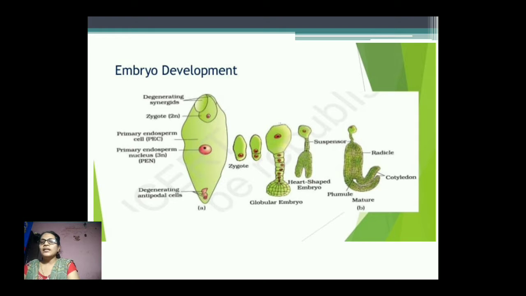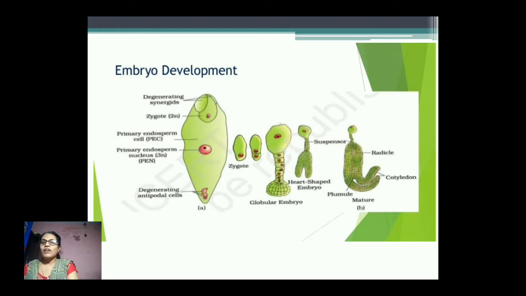Then in the middle, the two secondary nuclei meet with the second pollen gamete, and it produces the primary endosperm cell, shortcut known as PEC. Then the primary endosperm nucleus. The last part, the disappearing part, is known as the antipodal cell.